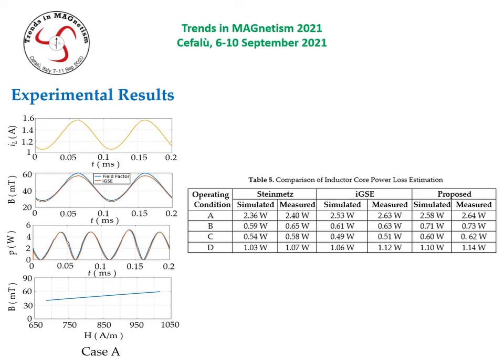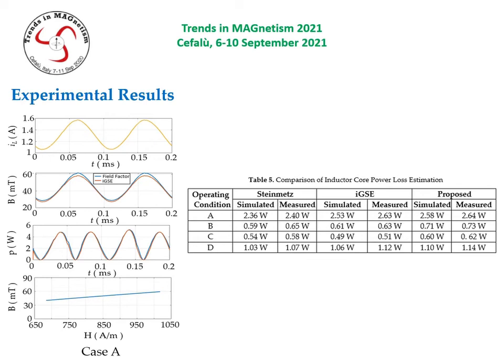Then you can see on the bottom the waveform of the core losses over time. Of course, if we make an average over a period, we are able to compute the average core losses. And finally, there is the BH curve related to the particular operating condition.